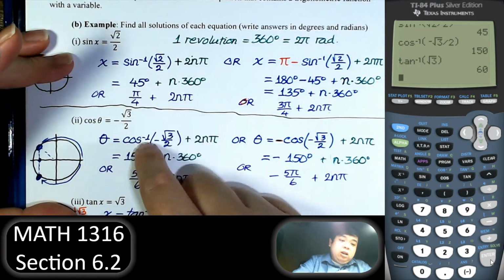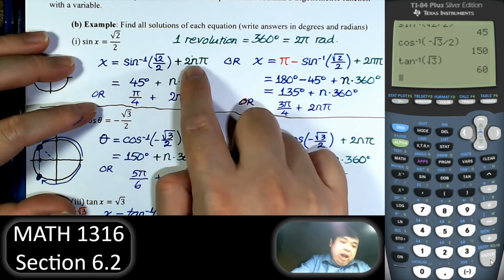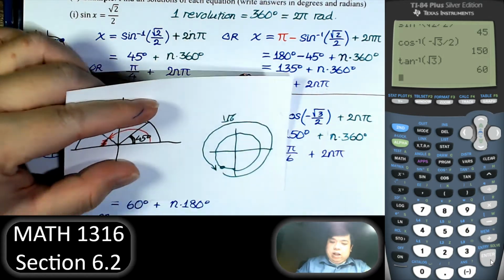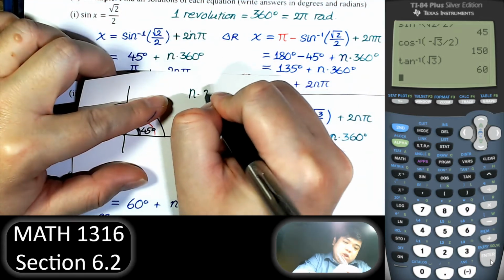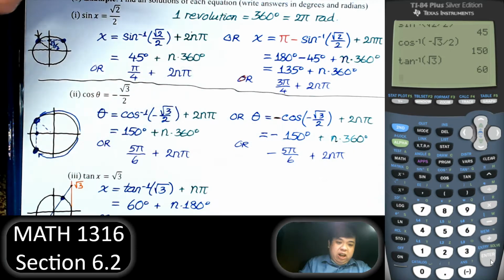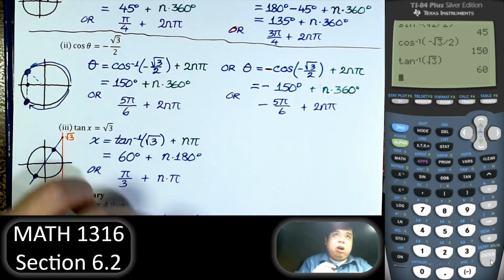For sine and cosine, the period is 2 pi, so we add n times 2 pi. Usually you can also write n times 2 pi, but we usually write the number first and the letter later. So that's why I write 2n pi.